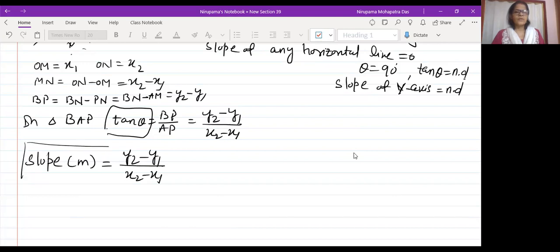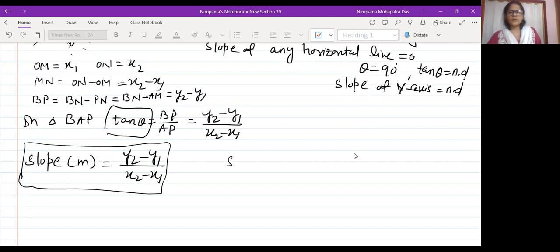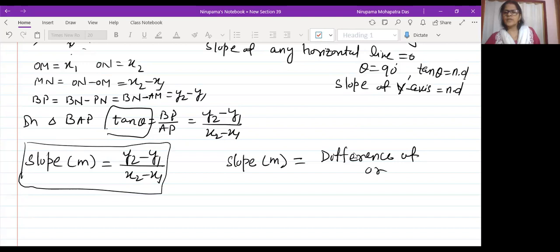Just to remember it easily, you may write it like this also: slope of any line segment joining two given points is the difference of ordinates divided by the difference of abscissas. Very clear?